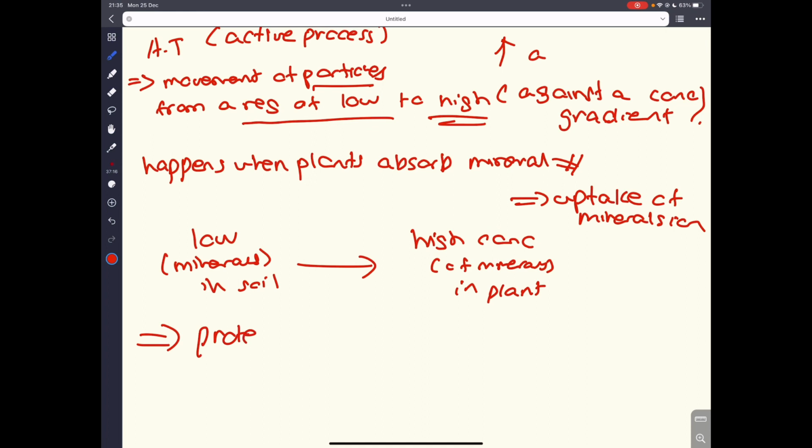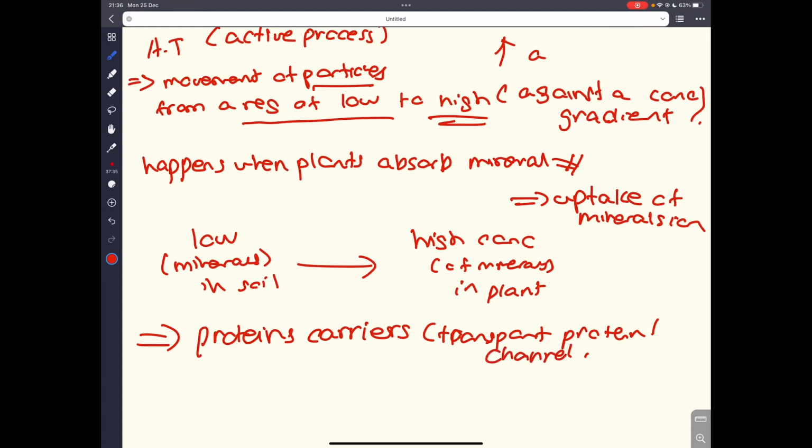Now proteins play a very important role in this. Now these are called protein carriers, right? They can be a transport protein. It could be a channel protein as well. But I don't think you have to know about these because these are not mentioned in your syllabus. However, protein carriers you do have to know.